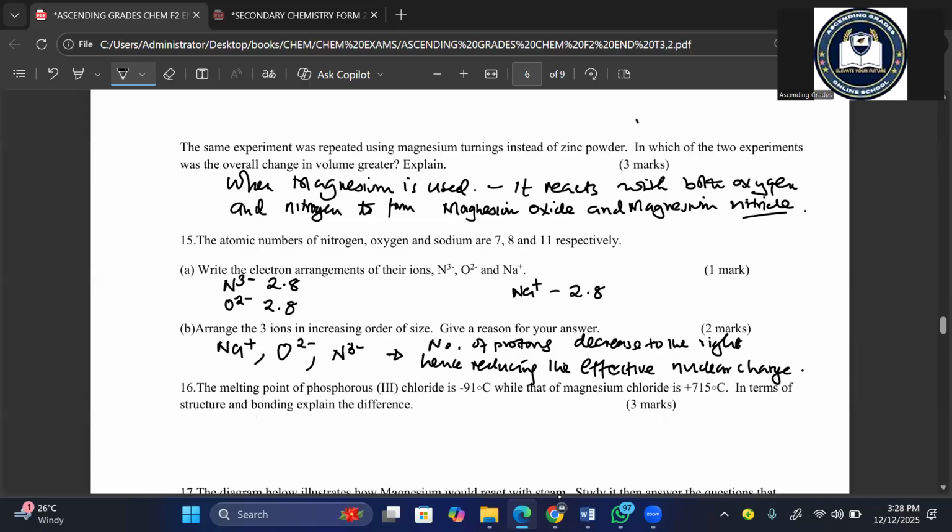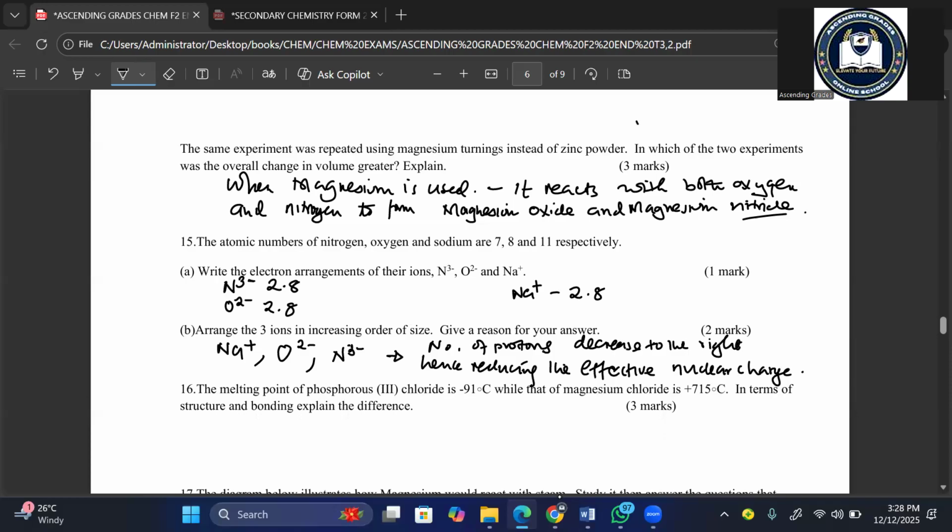So we are going to end with question 16. Phosphorus 3 chloride is having a melting point of -91, while that of magnesium chloride is +715. In terms of structure and bonding, explain the difference.